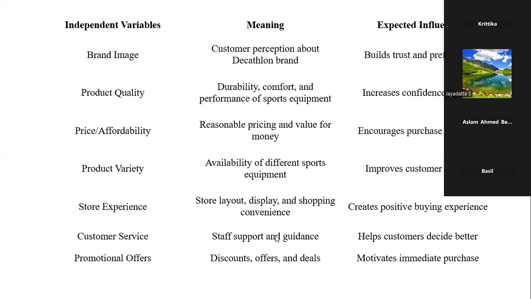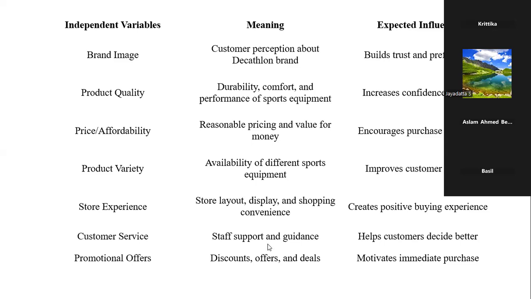So considering all these independent variables provided as part of the study, which Decathlon is able to provide in terms of its own brand image, product quality, affordability, and variety of products available for you to make a decision. It can be in terms of the ambience or aesthetics or the overall store experience, and the kind of customer service given to you when you are physically moving around at Decathlon, and the promotional offers they provide in festive seasons or peak seasons like holiday seasons.